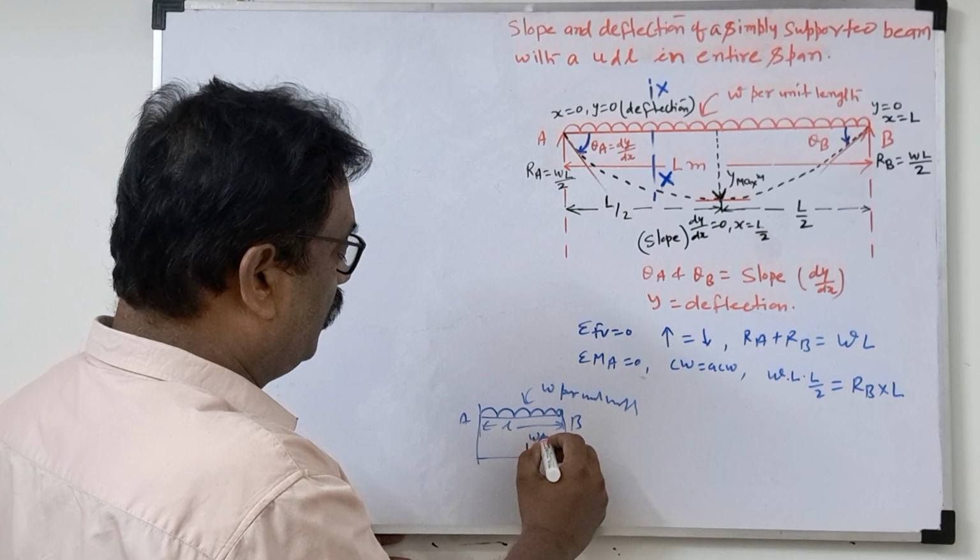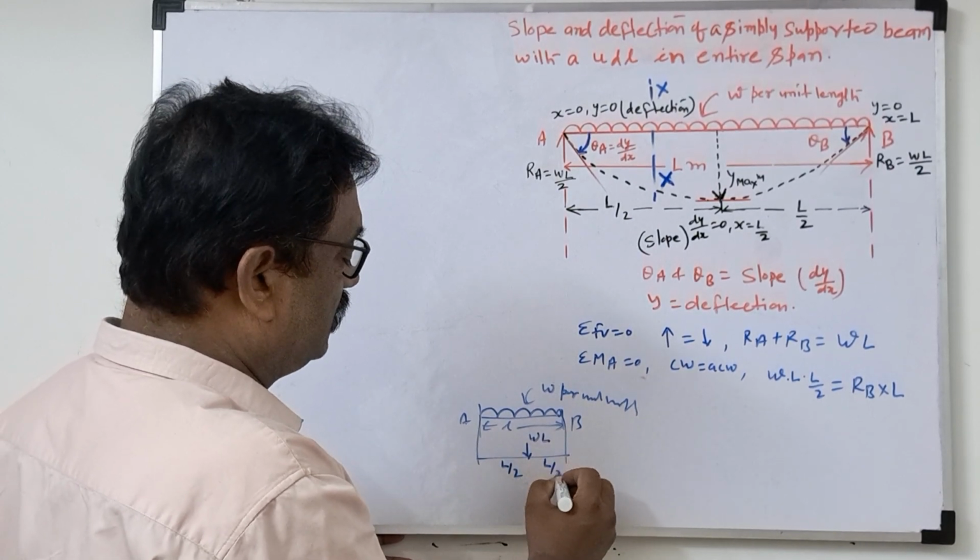So this load will be W into L, and this distance is L by 2, and this distance is also L by 2.